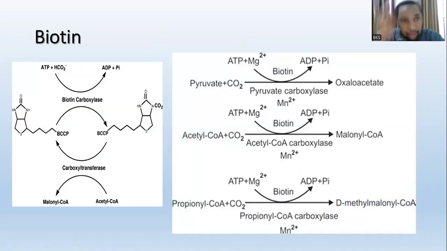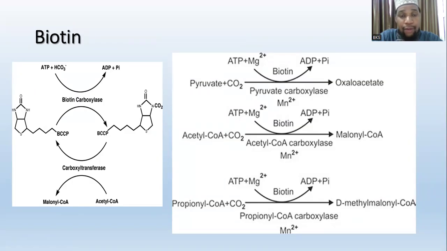Now talking about the role of biotin, I have here some examples of how biotin is involved in carboxylation reactions. I have a typical example of pyruvate carboxylase, which I just mentioned as one of the ways through which pyruvate formed during combustion of the carbon skeleton or keto acid produced from amino acids can be converted to glucose or to glycogen.